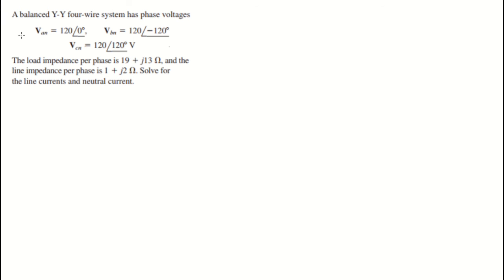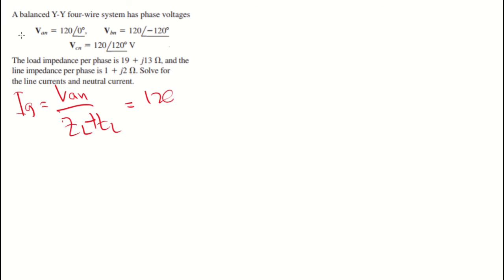So first we're going to find the line current. We find IA first. So it should be VAN over Z load or Z total, which means Z load plus Z line. So we have to add both of these values.